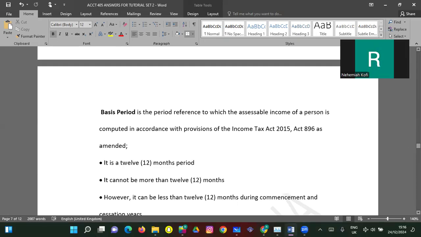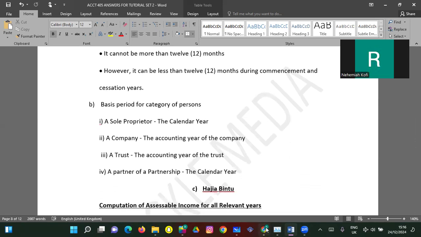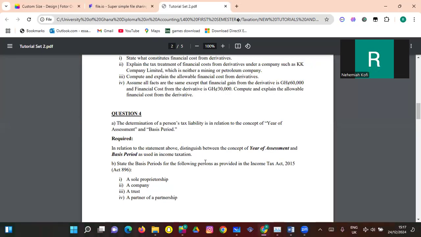So if let's say your year end is 31st December, whilst you started business in, let's say, April, then you'll be operating less than 12 months in the first year, right? But in the subsequent ones, you'll be operating full years, right?